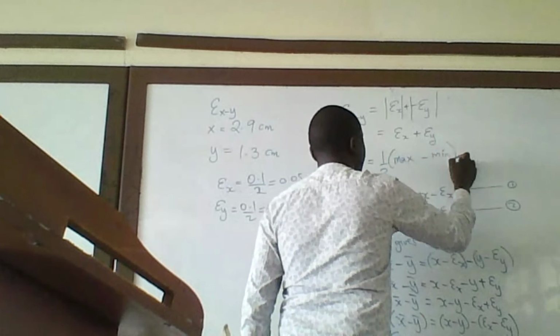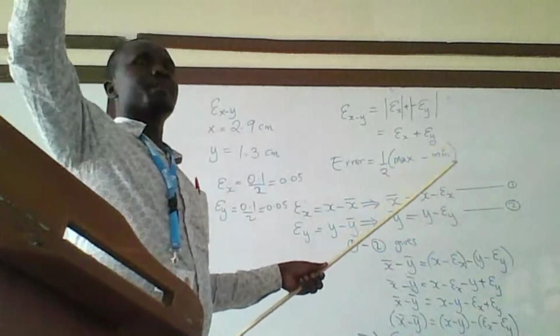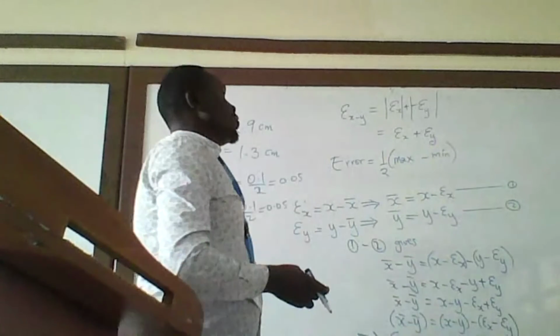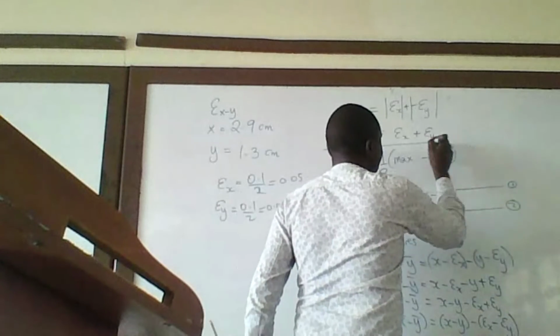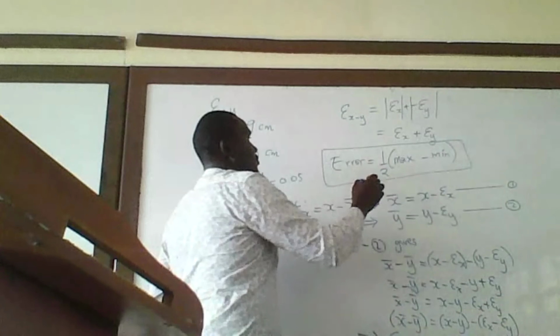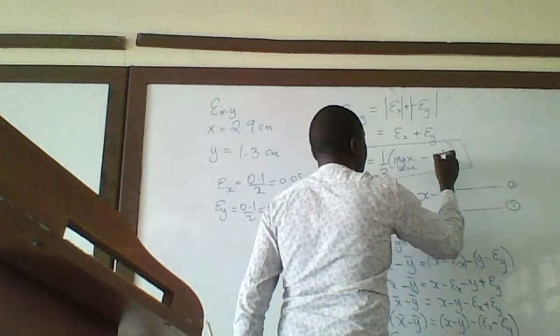Do you remember such a thing? Regardless of the operation you are doing, you get the maximum value and the minimum value, then divide by 2. So this is the general error formula. Maximum value, whether you are doing addition, maximum sum, or subtraction, maximum difference.